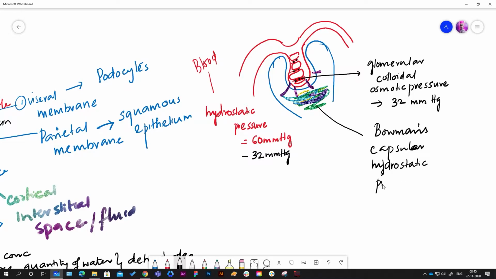This is also liquid. Wherever there is a liquid and that liquid exerts a pressure, that is called hydrostatic pressure. So Bowman's capsular hydrostatic pressure is equal to 18 mm mercury.